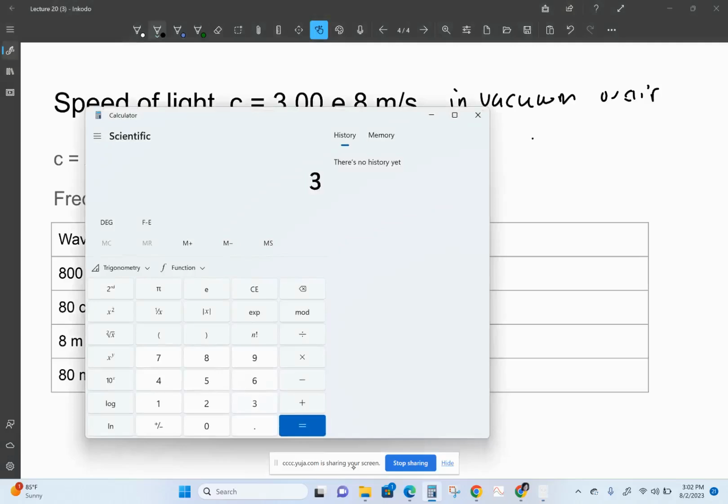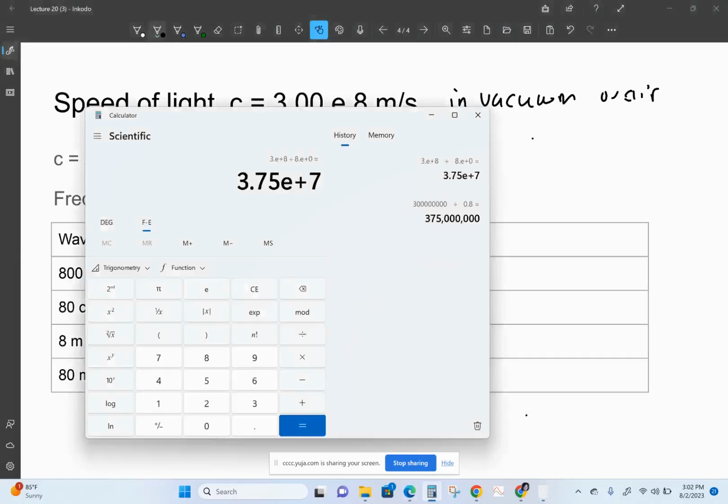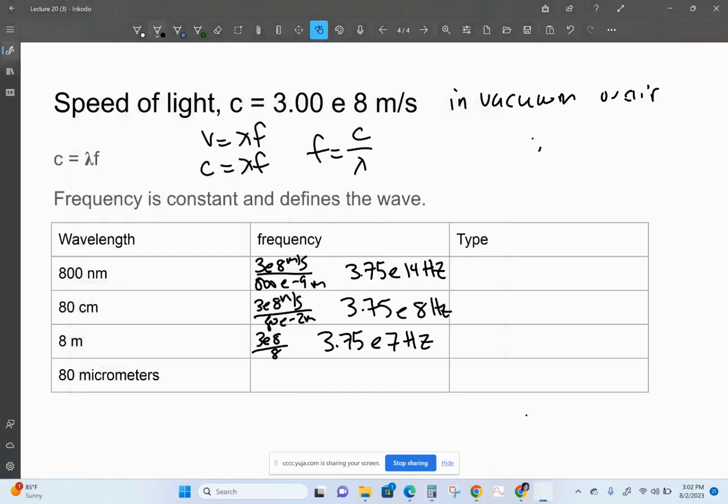So the original one was 3 exponent 8 divided by 80 exponent negative 2, which is 3.75e to the 8th. So that was correct. And the next one is 3e to the 8th divided by 8, which is 3.75e to the 7 hertz. And if I had 80 micrometers, that's going to be 3 exponent 8 divided by 80 exponent negative 6, which is 3.75e to the 12 hertz.